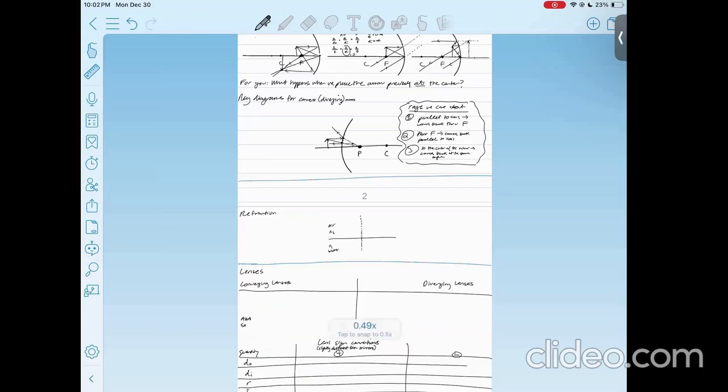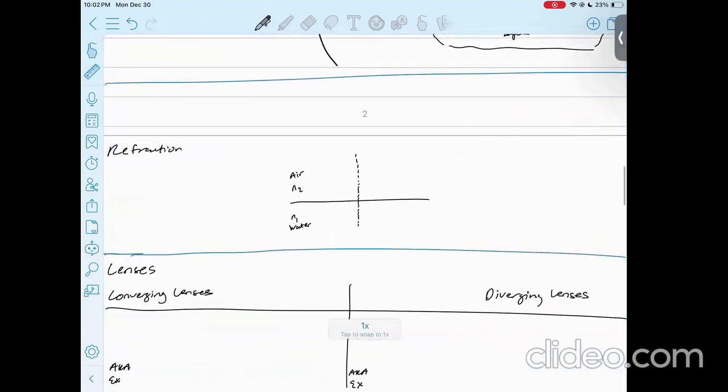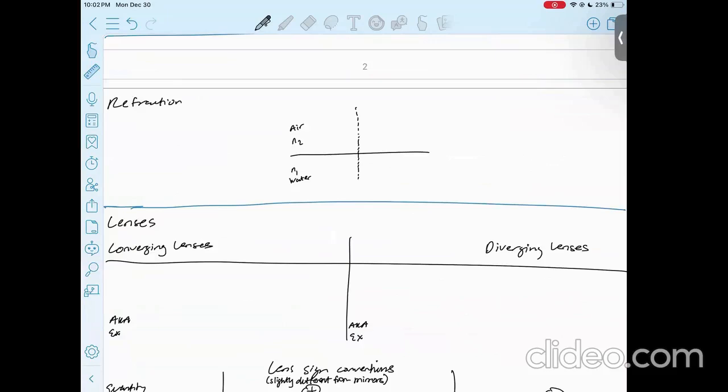Lenses are very similar. Before we start talking about lenses, though, we'll talk about refraction. And this is just the phenomenon of light bending when it goes from one medium to another. It's a result of the change in speed due to the different optical densities of the media. So you have this classic illustration of it where you have, let's say this is light, a light ray inside of water.